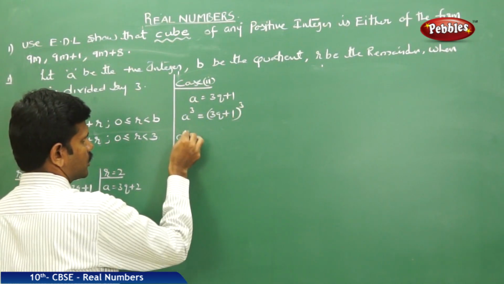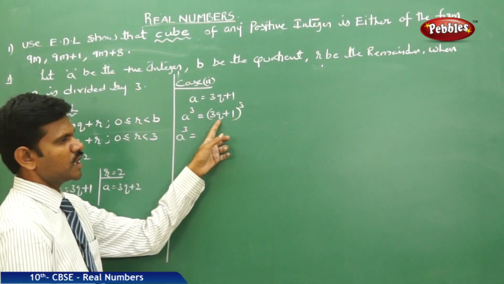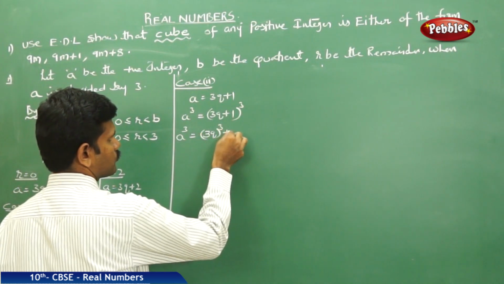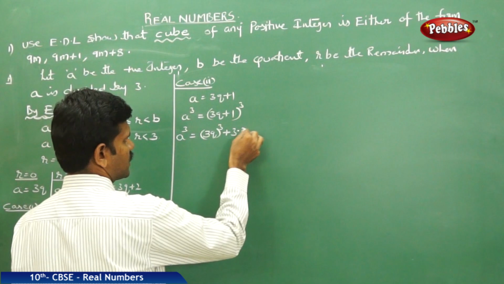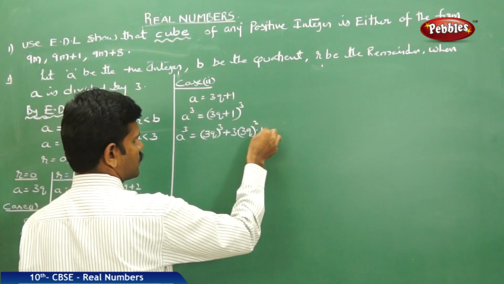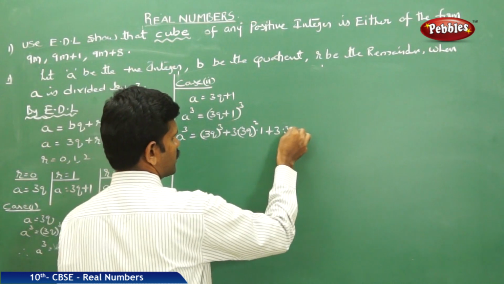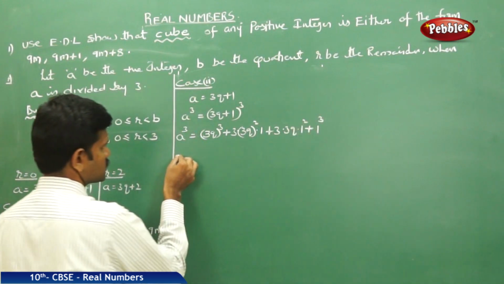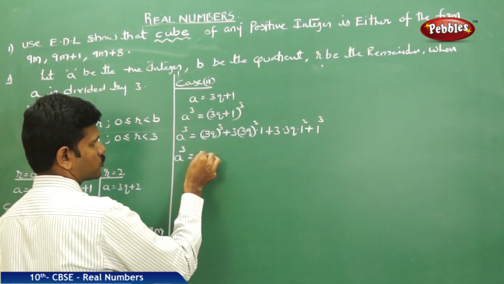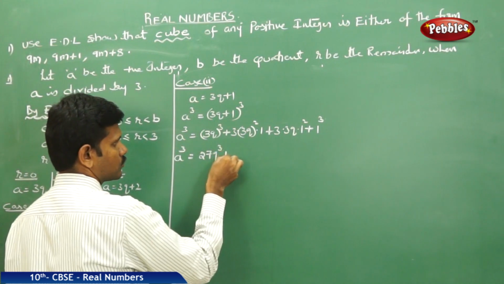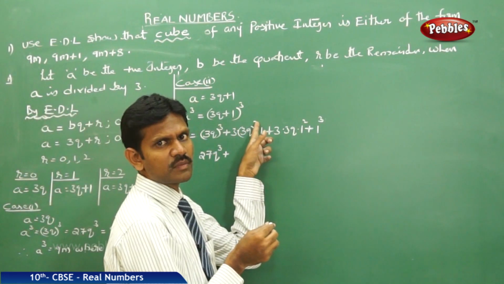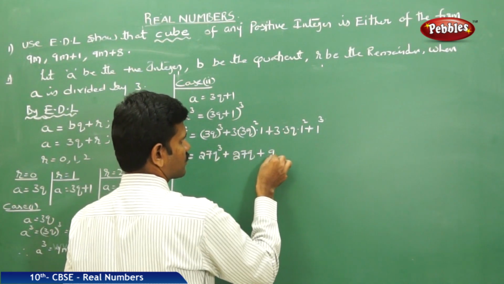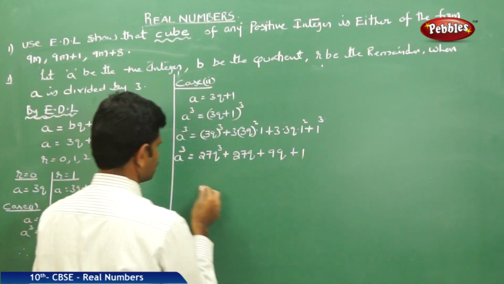That is, (a plus b) whole cube, which is a cube plus 3a square b plus 3ab square plus b cube, nothing but 1 cube. That is, a cube is equal to, writing directly, 27q cube plus 3 square, nothing but 9, 9 3s are again 27q square, plus 3 3s are 9q, plus 1.